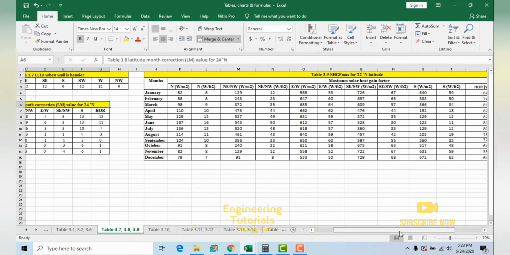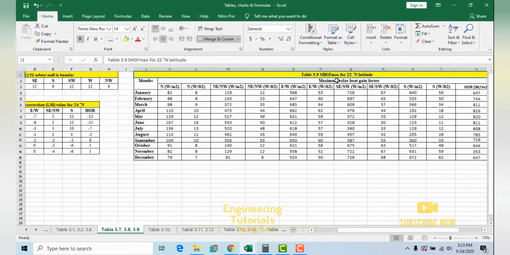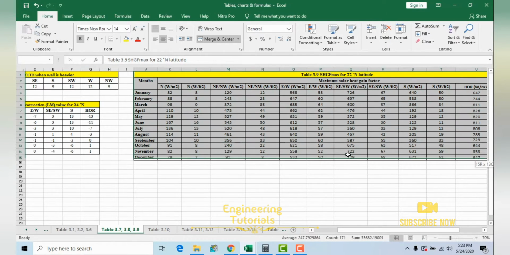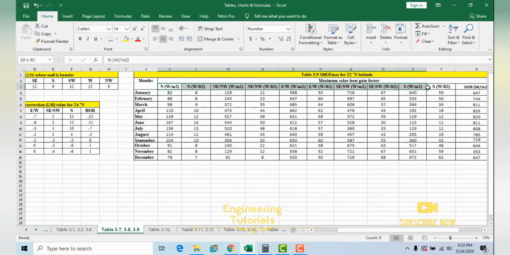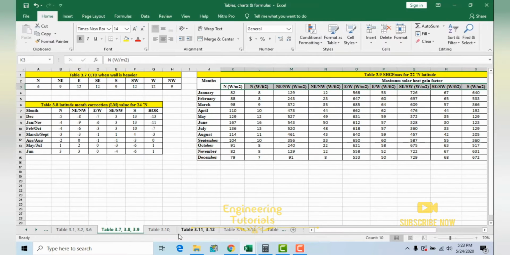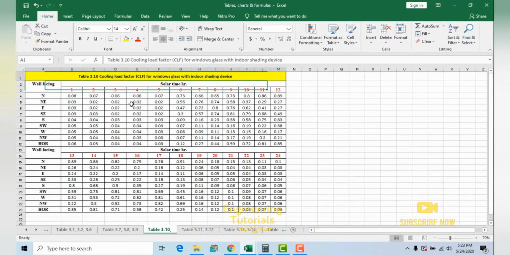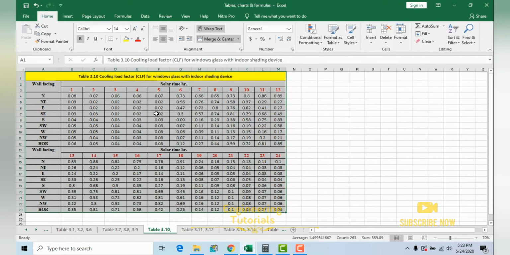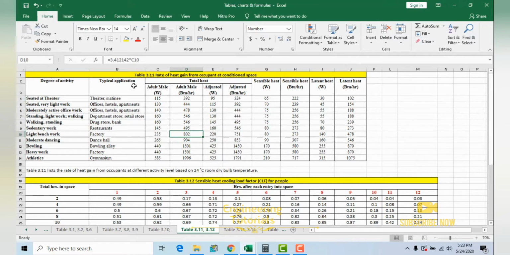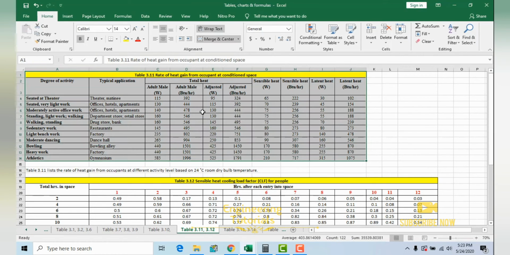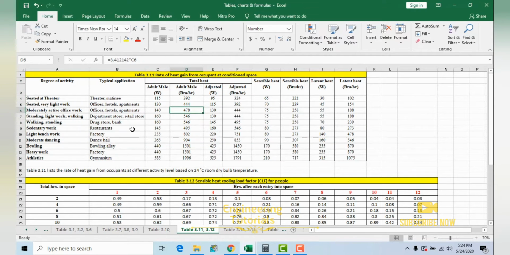And you can see over here, this is the solar heat gain factor, SHGF maximum, the maximum solar heat gain factors for the glass for different months and for different directions. The next table is the cooling load factor for the glass for different times of the month and for different directions. Then we have the rate of heat gain from the occupants.